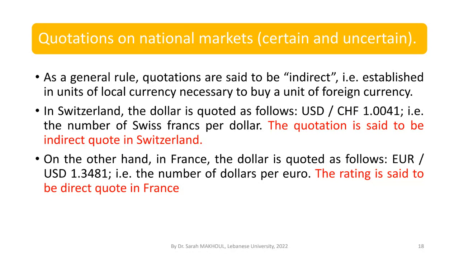If you are in Switzerland and the quotation is given as USD against the Swiss franc, you are on an indirect quotation. On the other hand, if you are in France, for example, the dollar is quoted as follows: euro against the US dollar, and it's 1.3481.